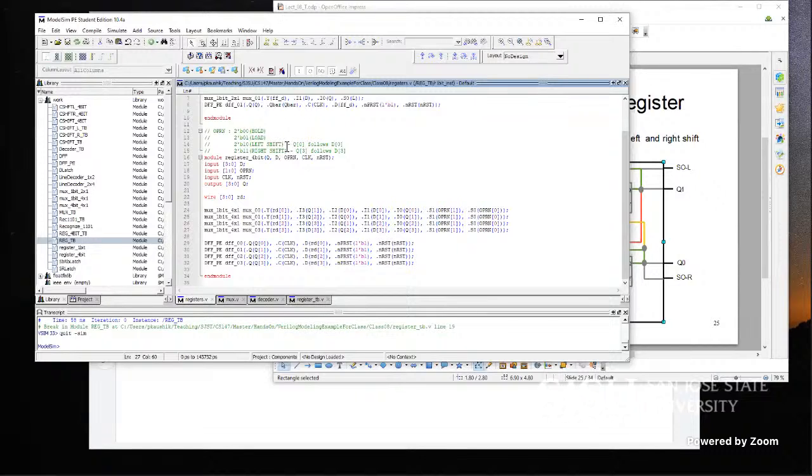Now I2 is left shift. That means left shift is from LSB coming onto the LSB side. So that's what the connection is. Your Q0 follows D0. Then flip-flop 1 or Q1 follows Q0. Q2 follows Q1. Q3 follows Q2.